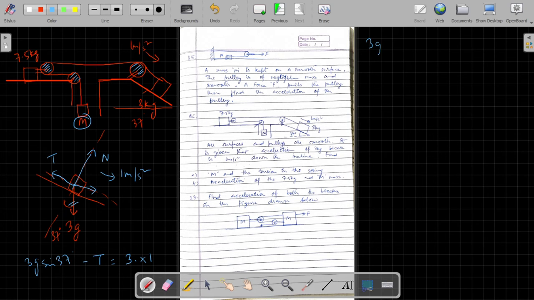Sin 37 is 3 by 5. So 3 times 10 times 3/5, which is 18, minus the tension T is equal to 3. The acceleration due to gravity g can be taken as 10 meters per second squared. So 18 minus T is equal to 3, and we'd say that the tension is equal to 15 newtons.